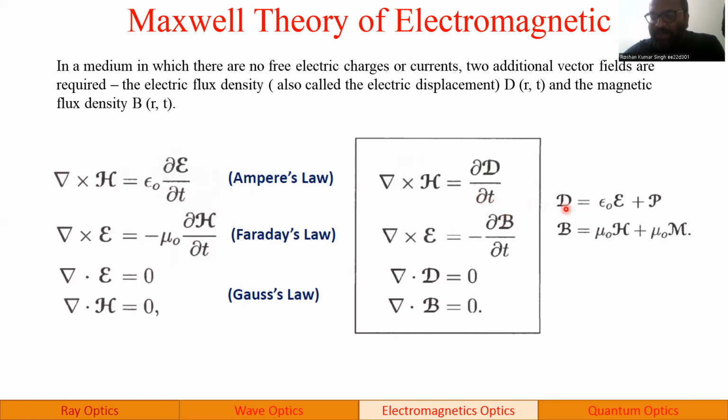The displacement is related to the electric field and polarization, and the magnetic intensity is related to the magnetic field and the magnetization. Epsilon is the permittivity, and mu naught is the permeability. In these equations, the electric field is replaced by the displacement vector, and the magnetic field is replaced by the magnetic flux.